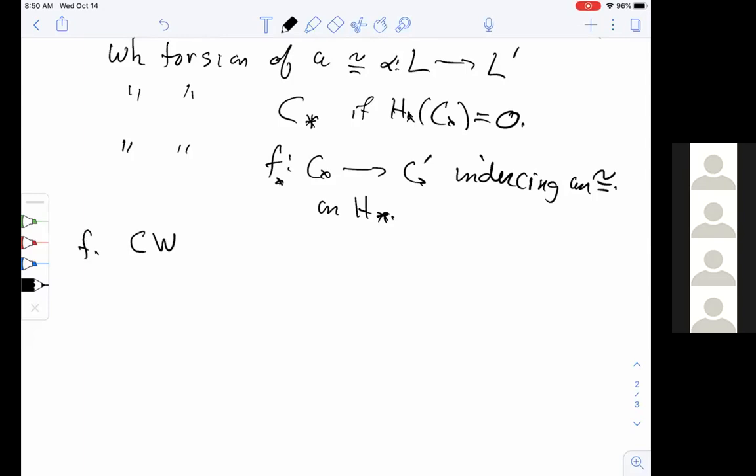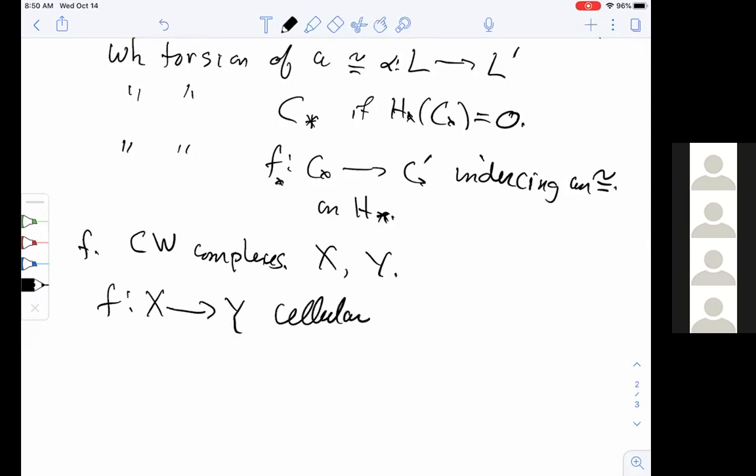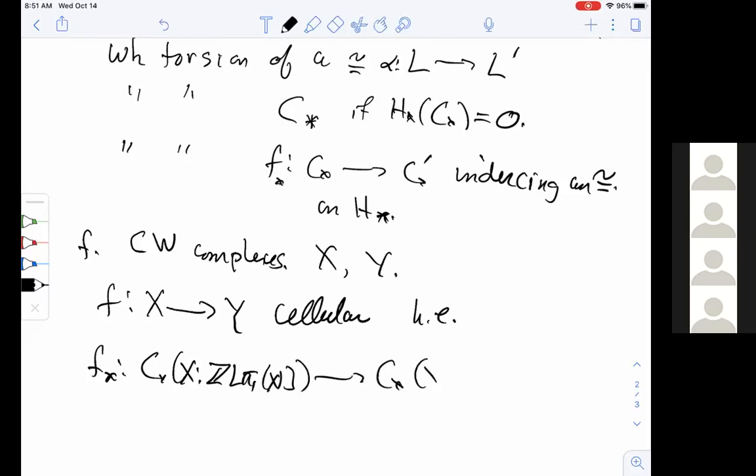And then I passed from algebra to geometry by saying if we have finite CW complexes X and Y, and a cellular map that's a homotopy equivalence, then f star maps the CW chains of X with coefficients in the integral group ring of the fundamental group to the cellular chains of Y with coefficients in the integral group ring of the fundamental group.